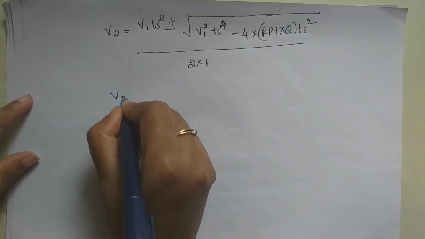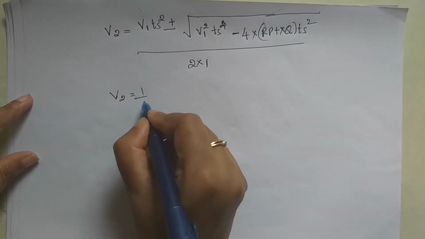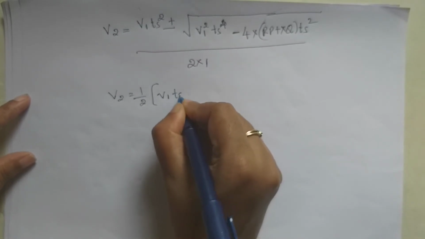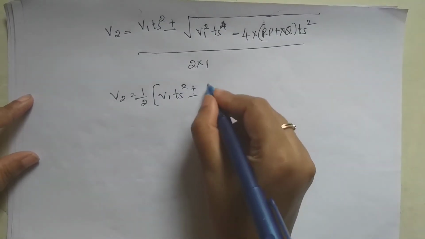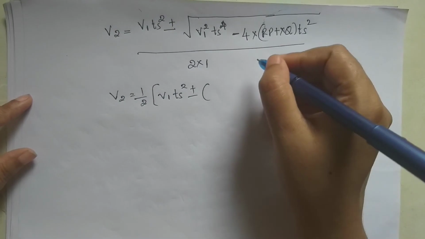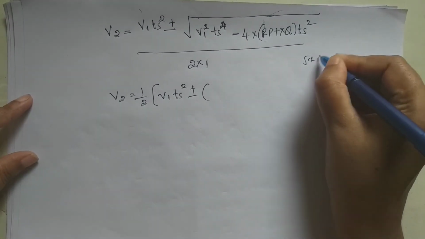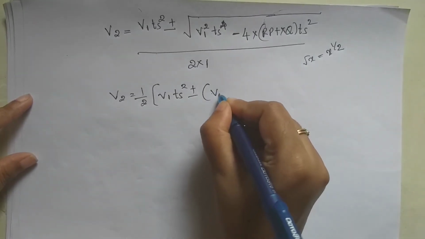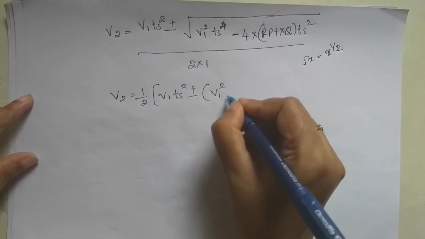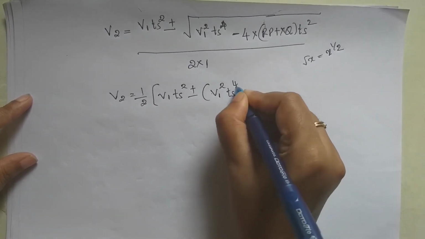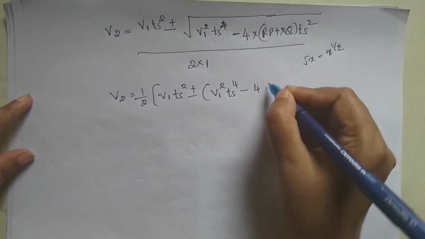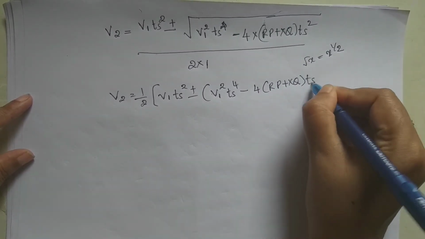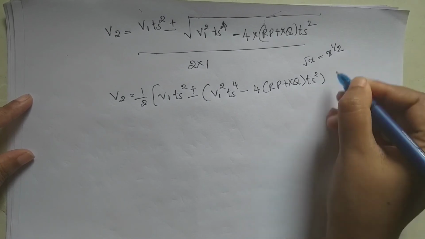Or else we can write V2 is equal to 1 divided by 2, V1 Ts square plus or minus the square root, which can be represented as power half, of V1 square Ts power 4 minus 4 (RP plus XQ) Ts square.